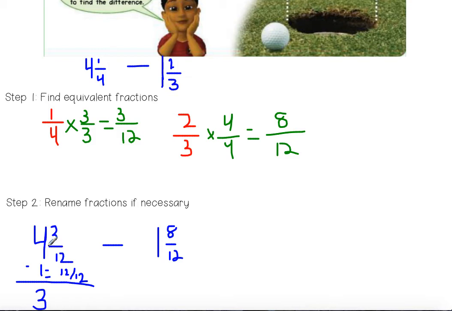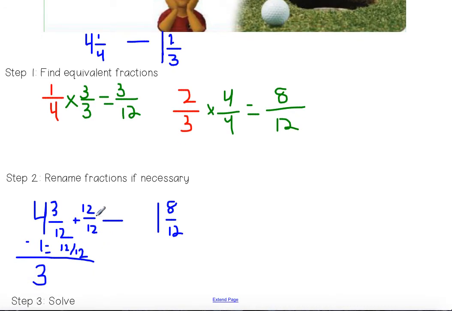Okay? So I took one whole away from 4, made it a 3, and I know that this one whole is equal to 12 over 12. I'm going to put this 12 over 12 into my fraction that already exists. So I'm going to add 12 over 12 to this fraction. 12 plus 3 is 15, and we leave our denominator alone.